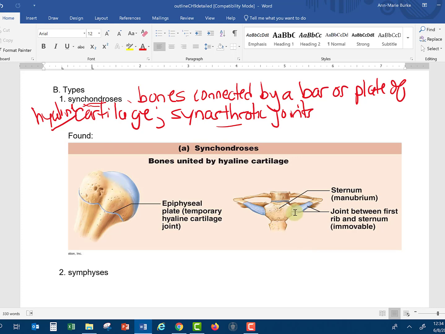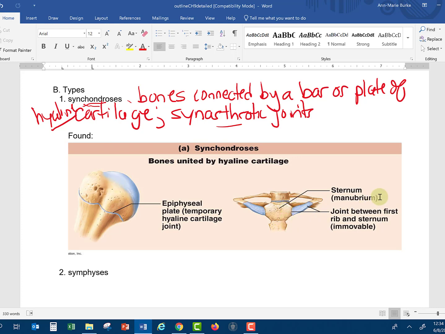Why couldn't they be? Think about the fact that these joints are synarthrotic. If you sit and take the biggest breath you can right now, you will notice that your ribs move up and out. And this couldn't happen if the joint here was a cartilaginous joint, because it would be immovable.